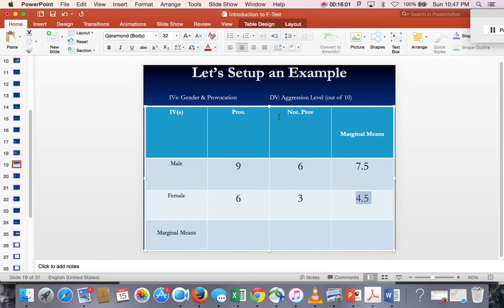gender on aggression. Okay? Because remember, if I'm looking on that list of the number of possible effects that I want to examine, remember when I looked at all the main effects and all the interactions, the first main effect that I wanted to look at was the main effect of gender. So here I want to see, is there a difference between men and women on aggression levels?